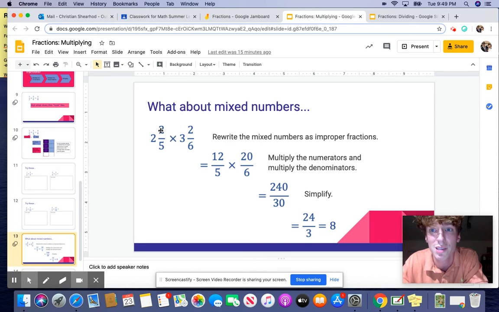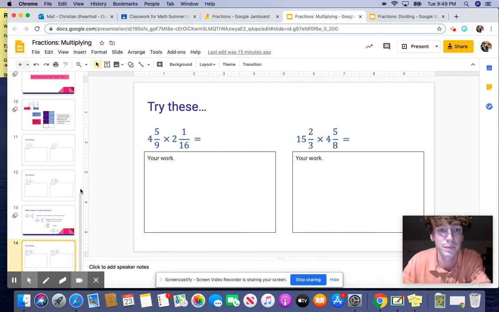Some people learn this as Texas. What you're doing is pretty much making it go from a mixed number to an improper fraction, then multiplying across. And we'll go ahead and do some practice with this. So let me write this down. 4 and 5/9. We're going to be doing the first one.